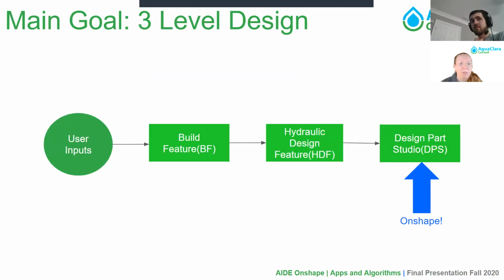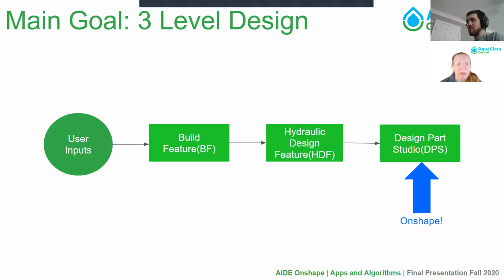This semester, we are implementing the 3-level design into Claire's main unit processes. The build feature, or the BF, instantiates entire unit processes all together using user inputs to give the specifications of the plant. The hydraulic design feature, or the HDF, receives input data from the BF and converts user input into geometric variables.